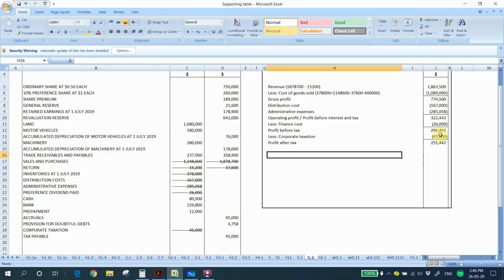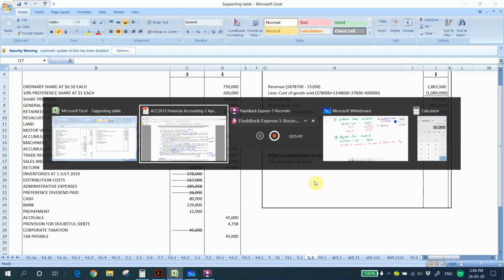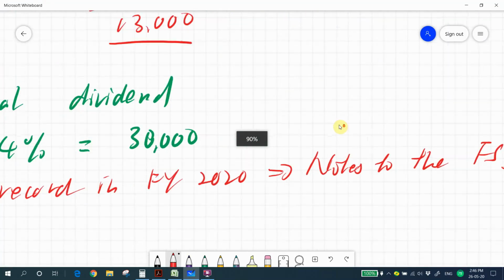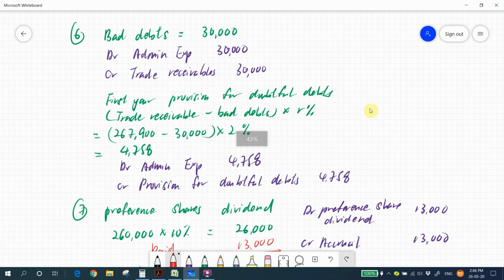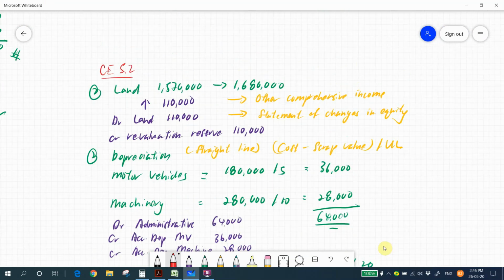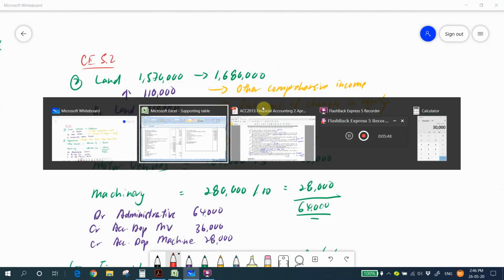So the next section we are going to prepare is other comprehensive income. The other comprehensive income we have is the fair value gain on land. The detail you can see in the first adjustment that we made, this one.